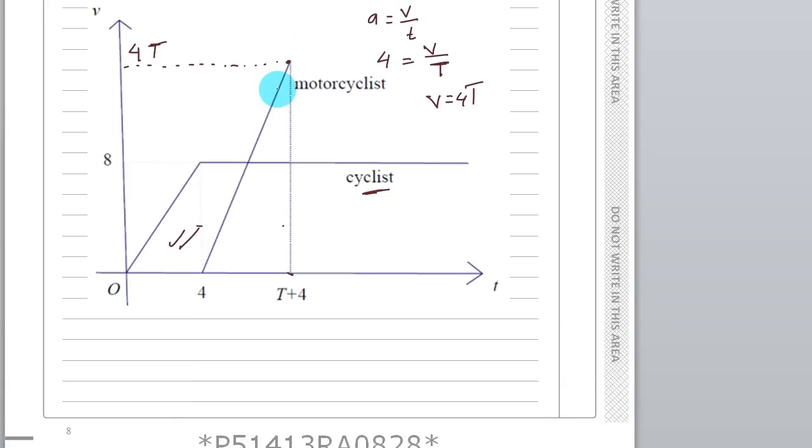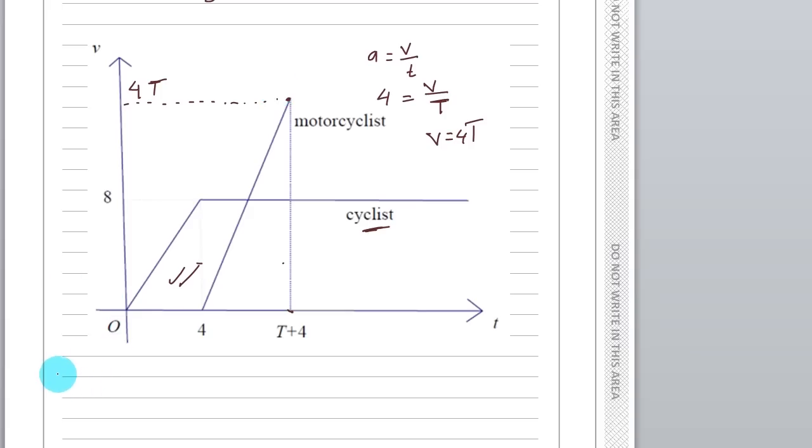To answer the question, the triangle is half multiplied by t multiplied by 4t, the height, and this is the distance done by the motorcycle. It is equal to, for the cyclist, the triangle which is half multiplied by 4 multiplied by 8, plus the rectangle which is t multiplied by 8.